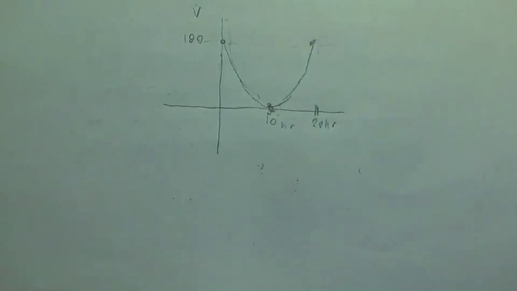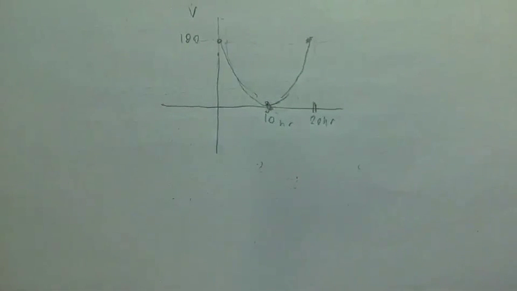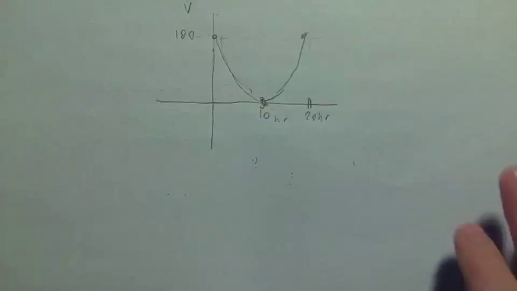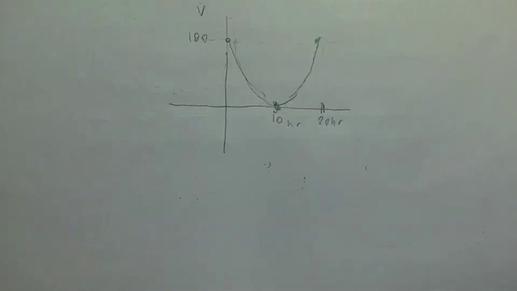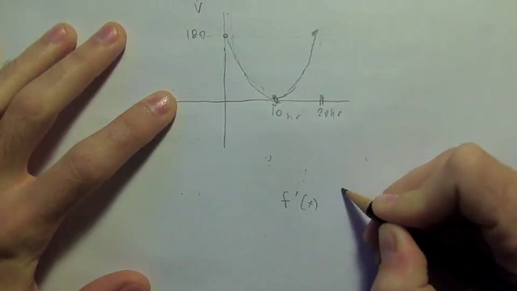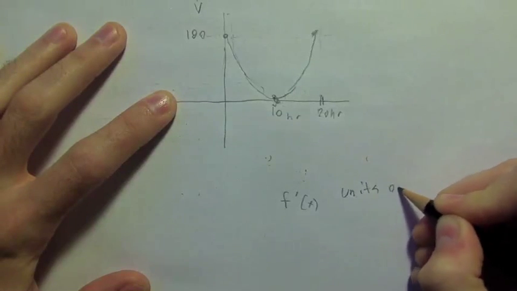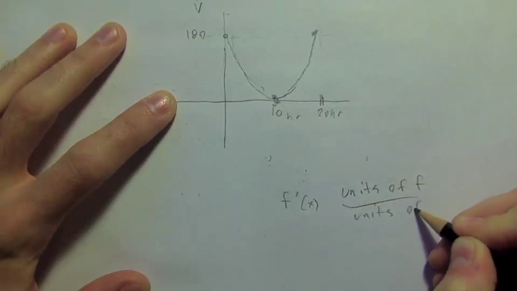Okay? Now here's the thing about this stuff. I can't go through every single type of example you will ever see. It's impossible, right? I can show you how we think about it though. And always, always, always, if you're looking at the derivative, f prime is going to always be in units of f over units of x.